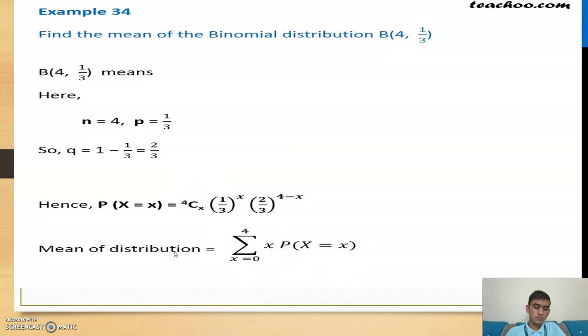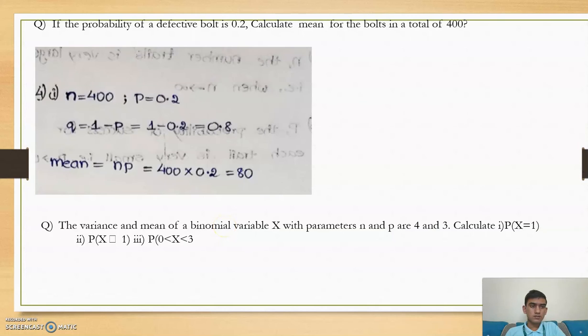Now we will look at one more numerical. In this, the probability of a defective bolt is 0.2. Calculate the mean for a total of 400 bolts. So n is given, the number of trials is 400, and the probability of success is 0.2.